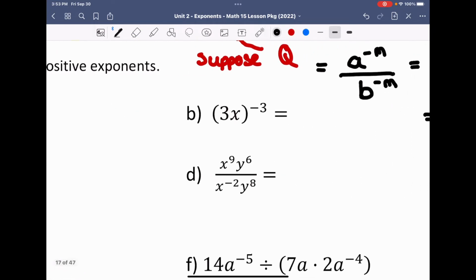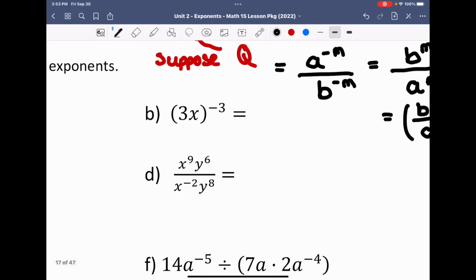If I go to B here, by power rule, what I can do is I could distribute that negative 3, or I can realize that 1 over 3x is the reciprocal, and this is to the power of positive 3, and now I can expand this through. If I expand 3 to both of these terms, well, 3 to the 3 is going to be equal to 27, and then x multiplied by the cube will be x cubed.